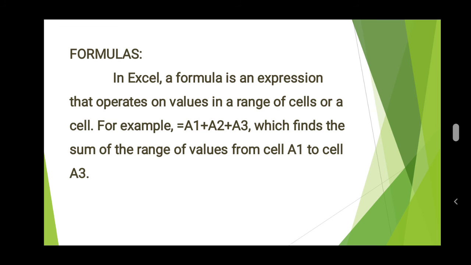Here A1, A2, A3 are referred to as operands, that is the values, and the plus symbol refers to the operator, that means we are going to add all these values. A formula should always start with the symbol equal to. So this is a very good example for the word formula.